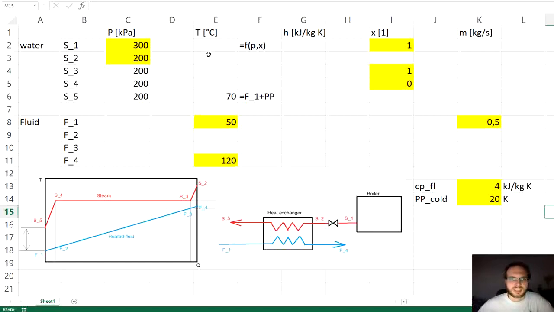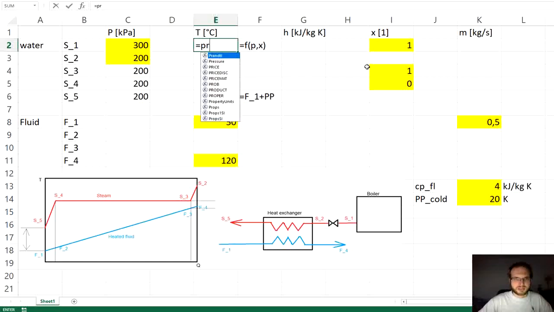Okay, now I have extended the screen a little bit so that you can see the function bar over here in my Microsoft Excel, and now we will start using the fluid properties Coolprop. How to do that? How to get the temperature at the given pressure and quality?